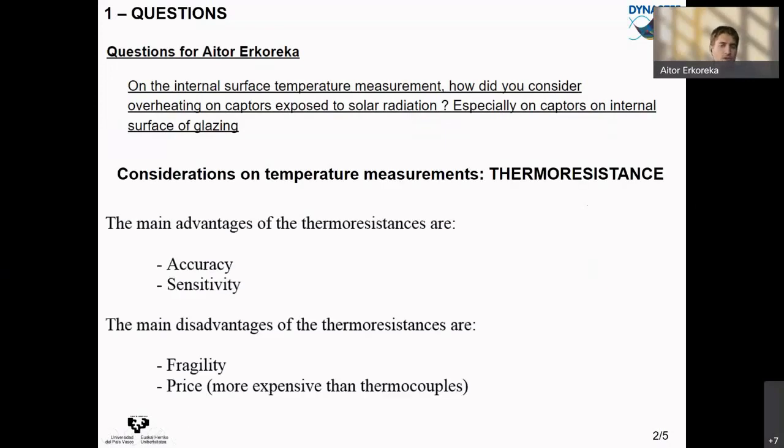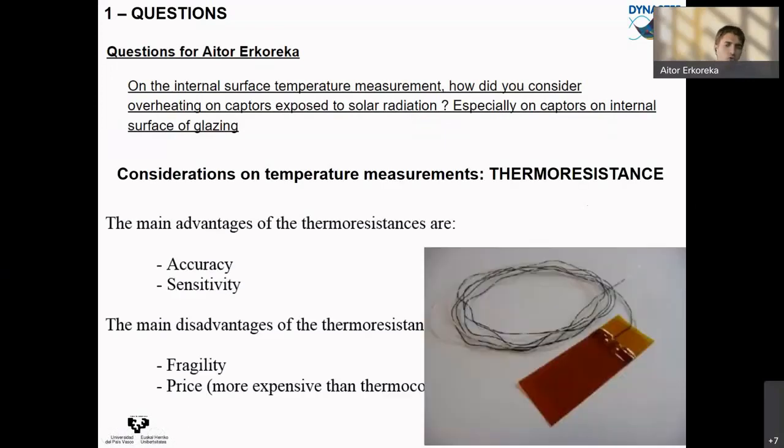temperature sensors used for measuring surface temperatures are usually of the type you can see here on the right. This is a thermoresistance. It can also be done with thermocouples, but this sensor is usually stuck onto a surface to measure its temperature.